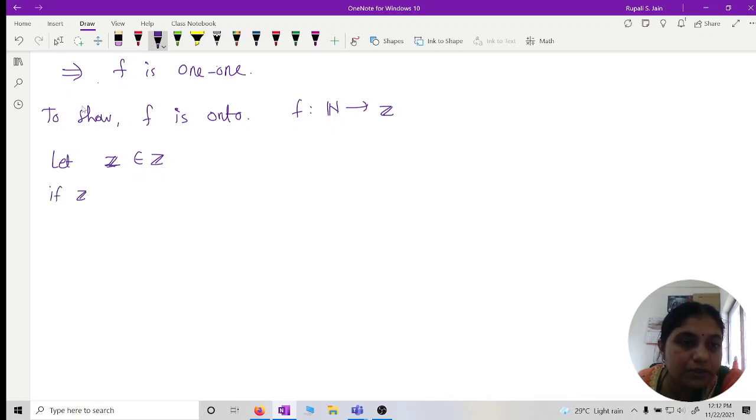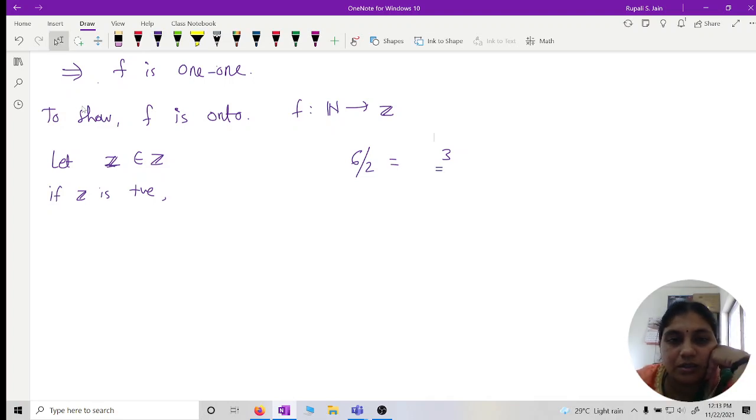If z is positive, suppose z is 3. What natural number will we have? 6, no? 6 by 2 I will get.